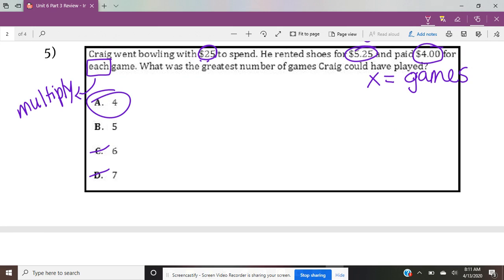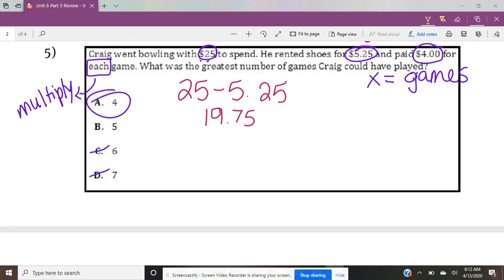So the first thing that most of you guys would do is you would do $25 minus $5.25, right? So you have $19.75 to spend on games.